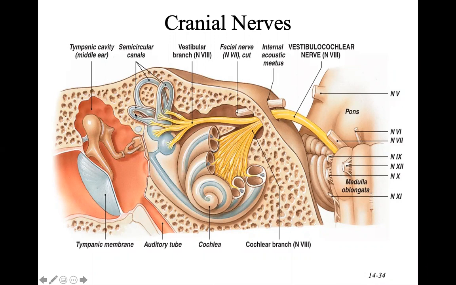So how does hearing happen? Well, you should know this from lab, right? The sound waves come in, they hit the tympanic membrane, they make this membrane vibrate strong. The vibration moves into the bones, the smallest bones of the body. It moves into the malleus, the incus, and the stapes.